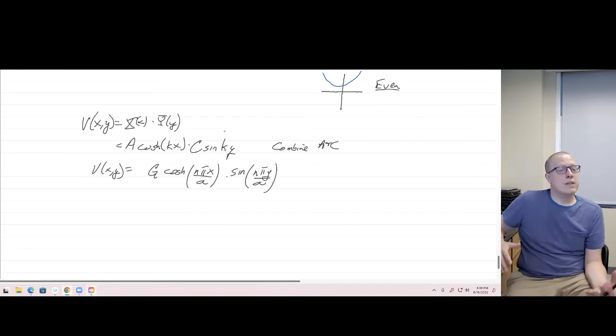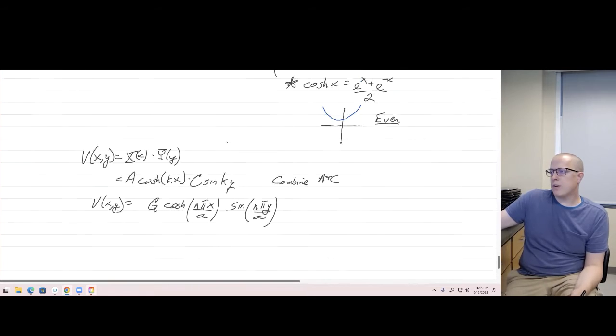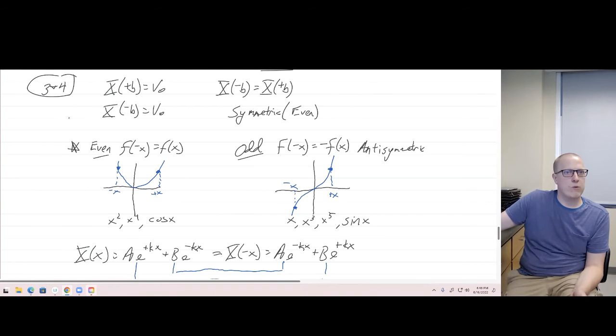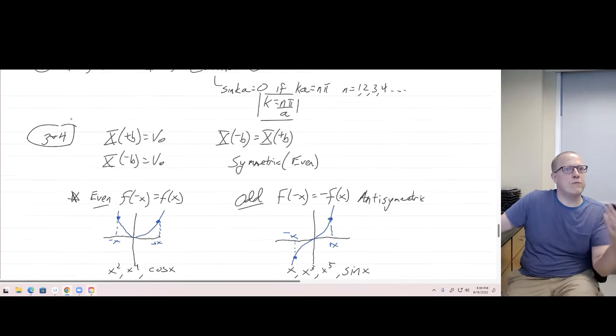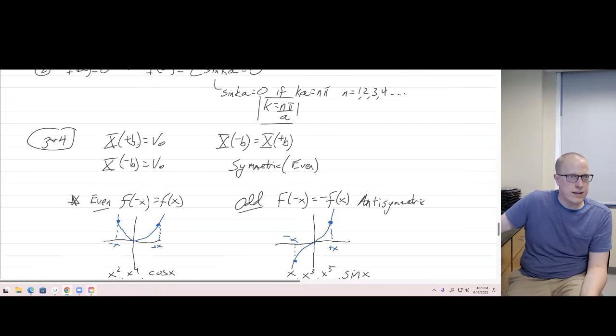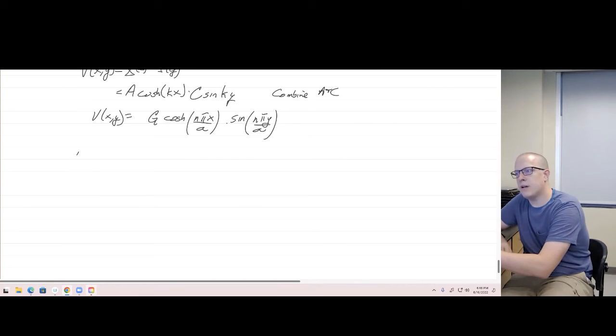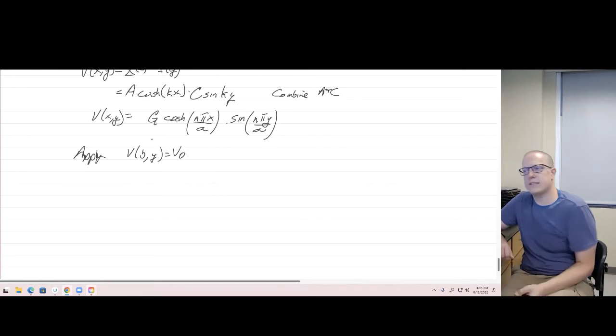And now the only boundary condition that we have left, we combined boundary conditions 3 and 4, but we still have to figure out that X at b is that constant. And so we apply our final boundary condition that V of b, y is equal to that constant there.